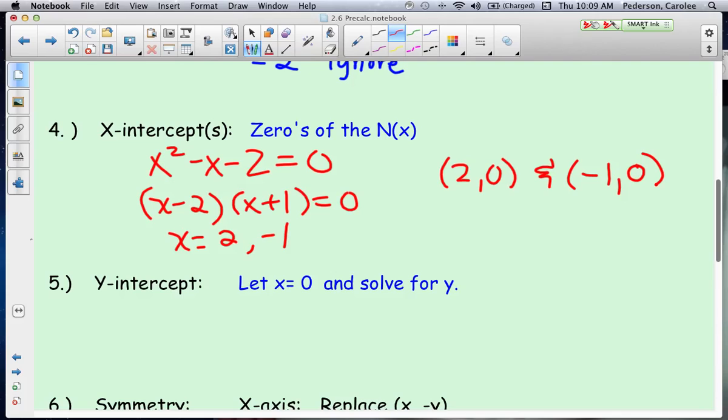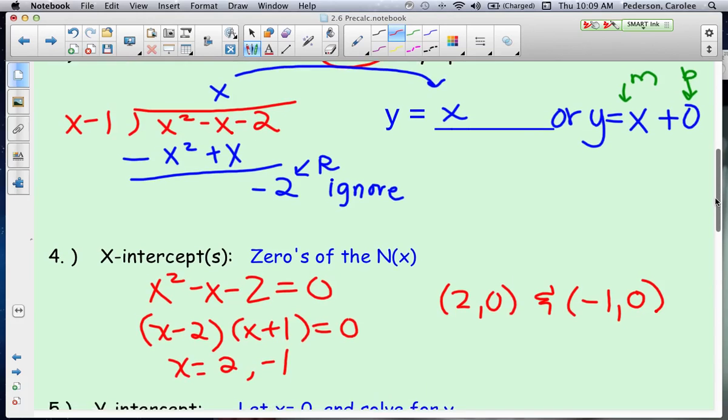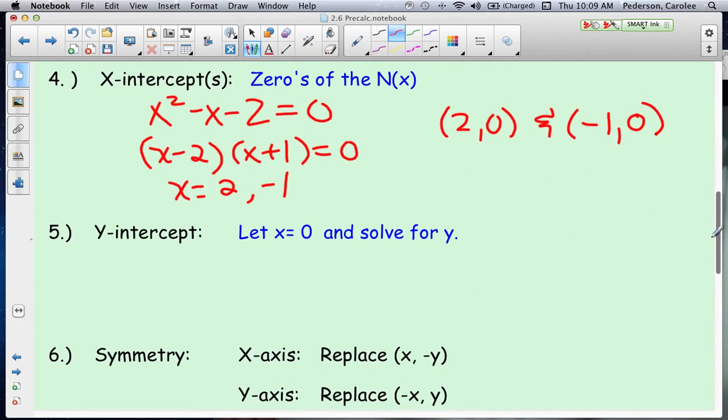Step 5, y-intercept. Let's rewrite the function again. y equals x squared minus x minus 2 over x minus 1.